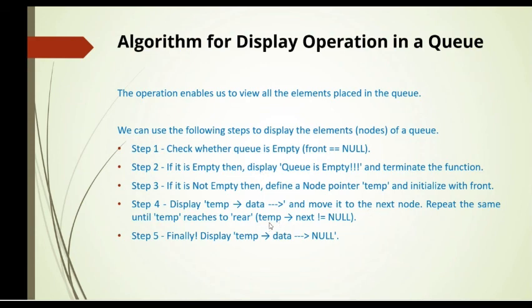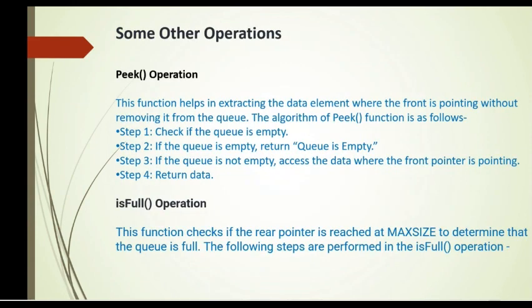As you can see, temp next is not equal to null. So, till the next of the temporary pointer is not equal to null, we would access all the nodes and print the data element and it would return us all the elements of the queue.